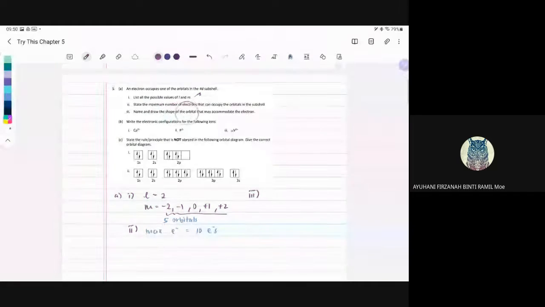Name and draw the shape of the orbital that may accommodate the electron. So you can draw any of the 4d orbitals. You can draw any one of the 4d.